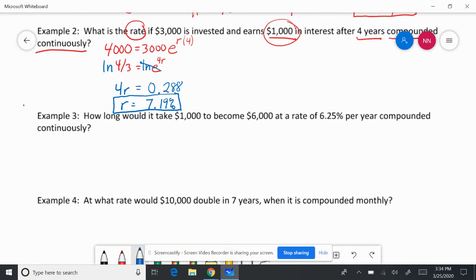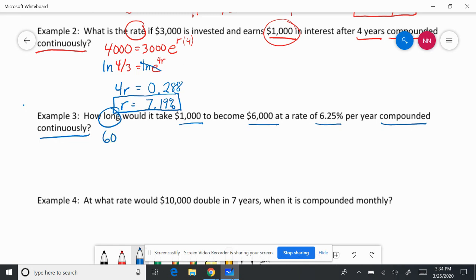Now, looking at example 3, it says how long would it take $1,000 to become $6,000? It tells us the rate. Once again, it tells us how long, so we know we're solving for time. And compounded continuously means we're using our continuous formula.